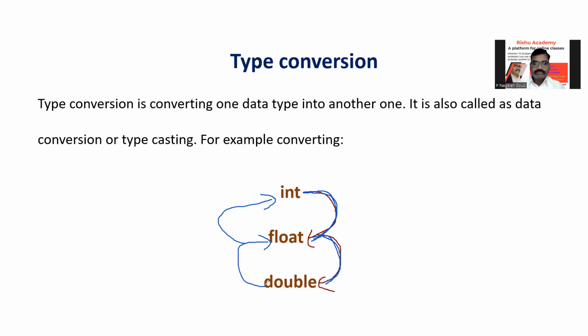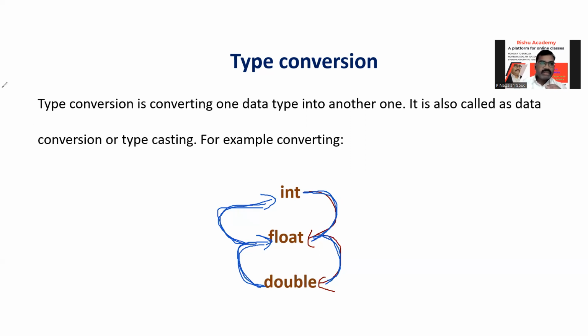Second case, we can convert higher level type into lower level, that is from double to float, float into integer. This is the definition of a type conversion. It is the process of converting one type of variable into another type of variable, one data type into another data type.